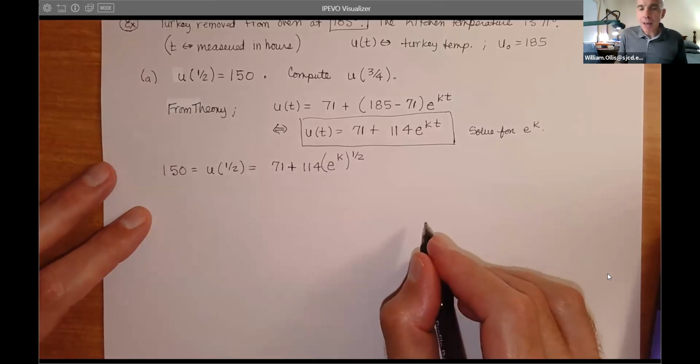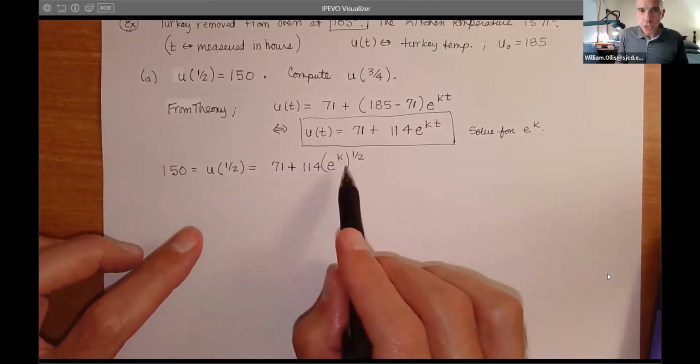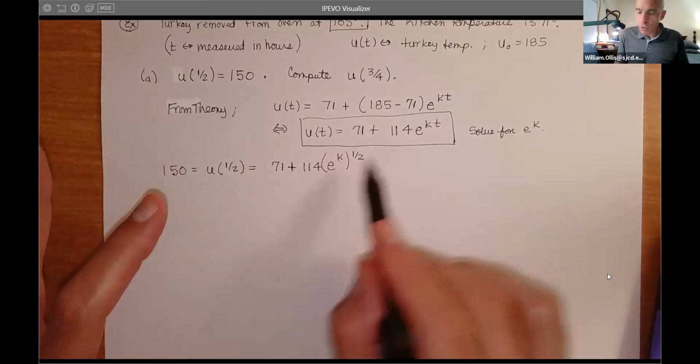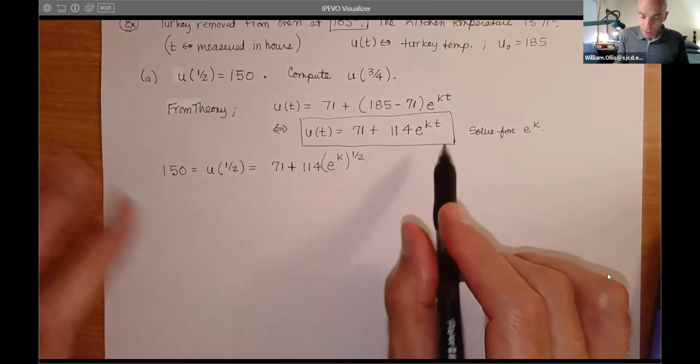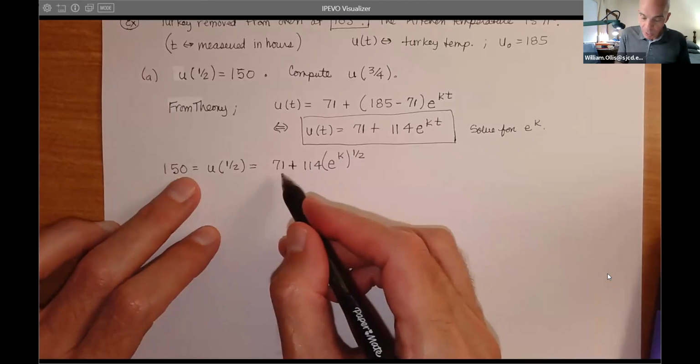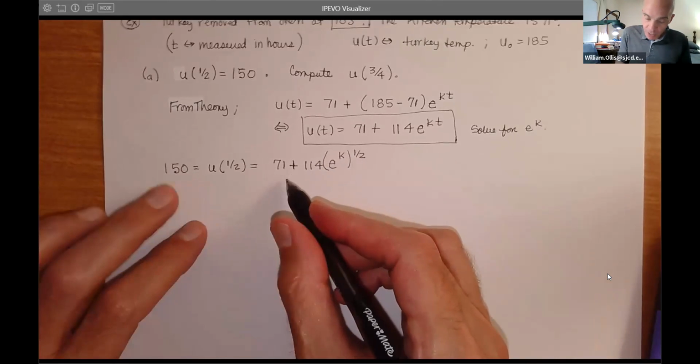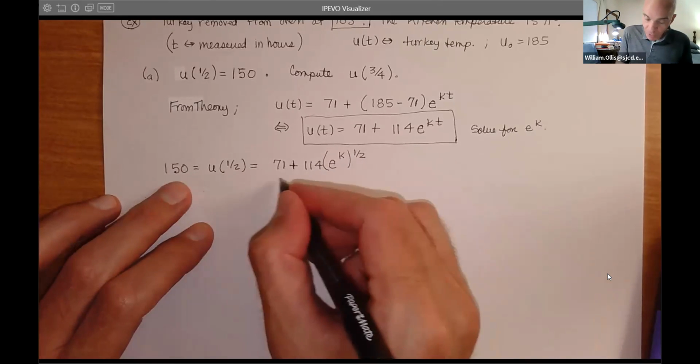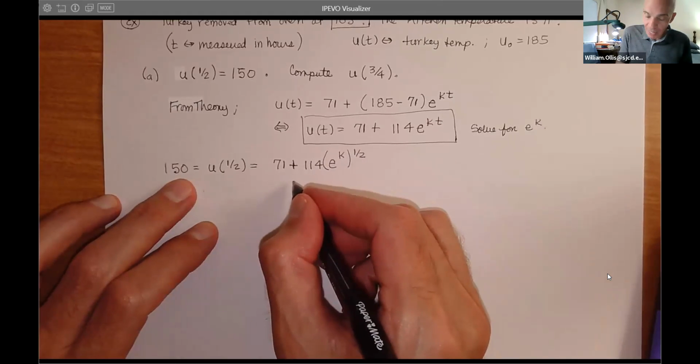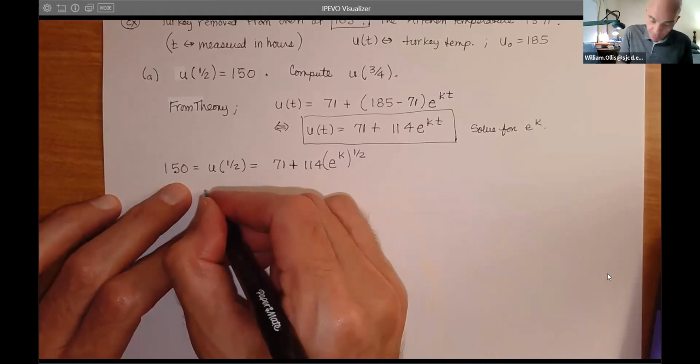When you think about these problems, you're just using the laws of exponents and getting the part of the equation that's going to move it forward. So now we can just subtract. 150 minus 71 gives us 79.